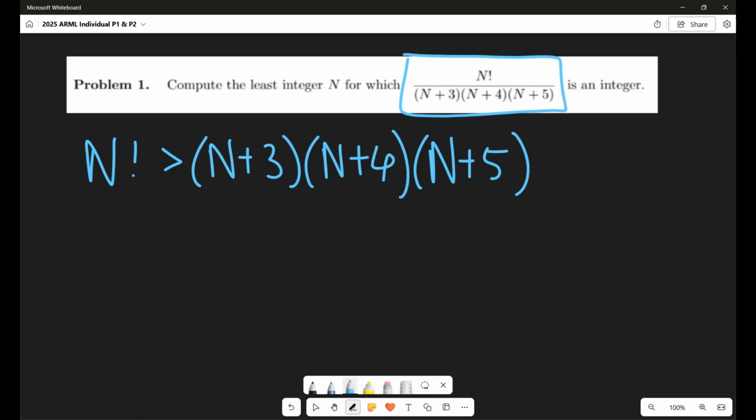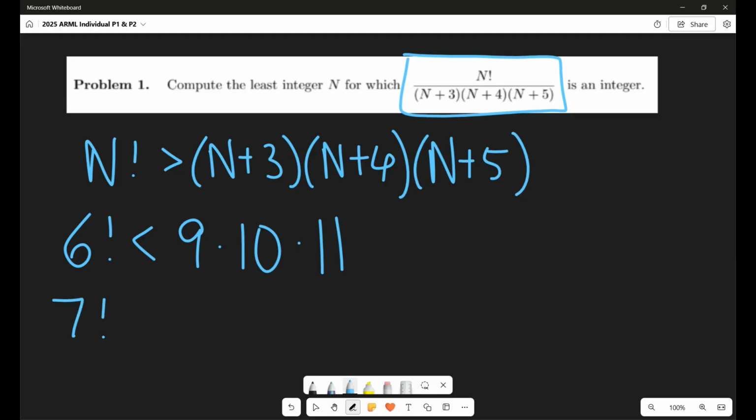So that's no good. After some testing, you'll notice that 6 factorial is actually less than 9 times 10 times 11, because the left side is 720 and the right side is 990. But 7 factorial, which is 5040, is greater than 10 times 11 times 12. So we can start checking from 7.